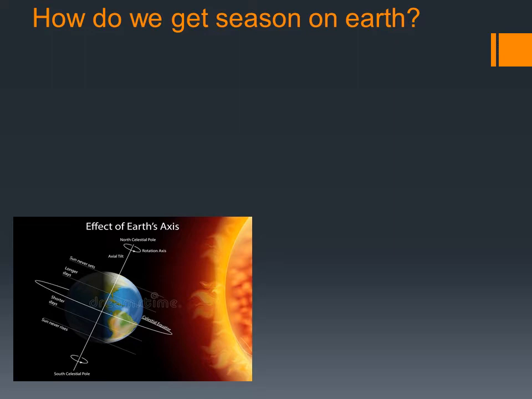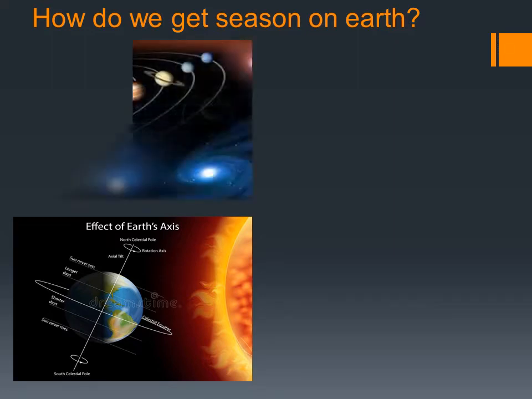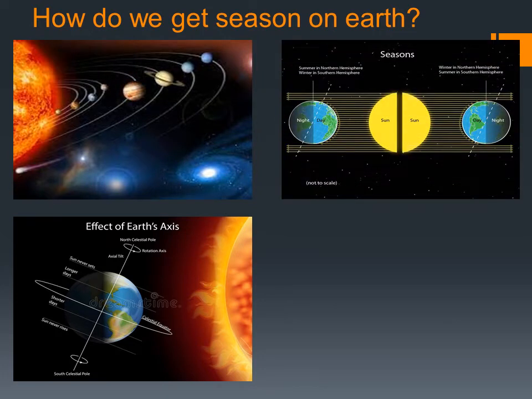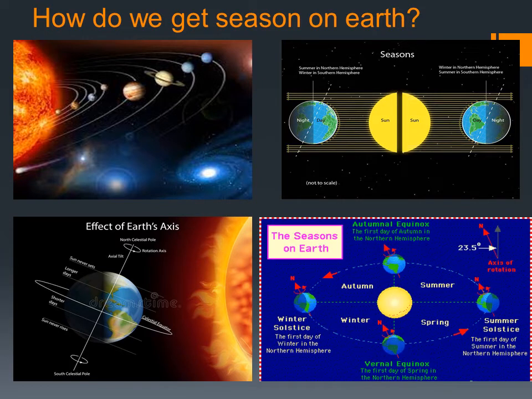One is that it rotates on its own axis, and it also revolves around the sun in an elliptical orbit. These two motions cause seasons on the earth. Because it moves in an elliptical orbit, the earth comes near to the sun or far away from the sun, creating different seasons.